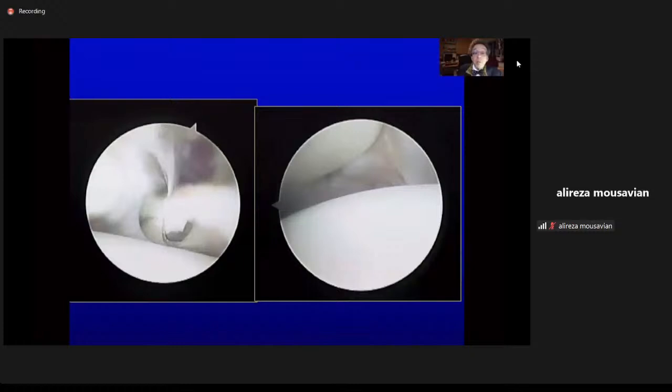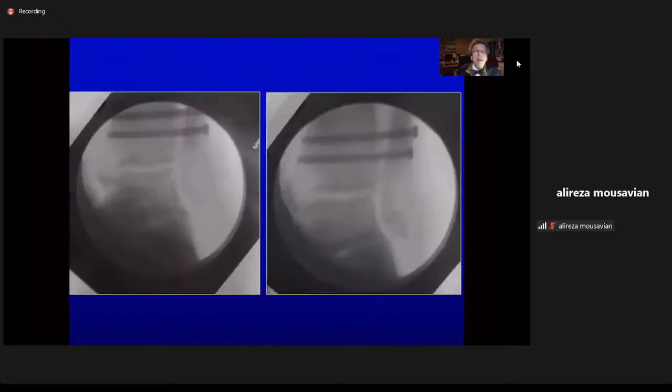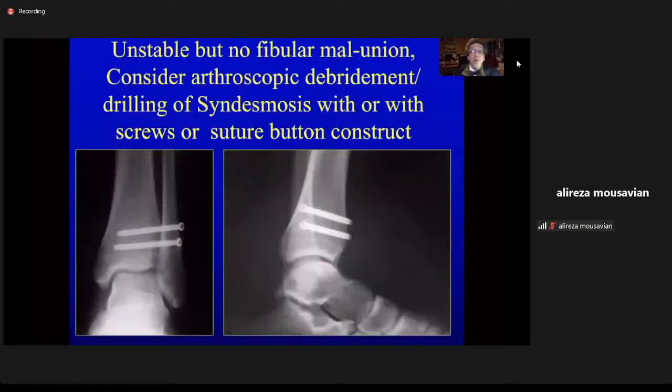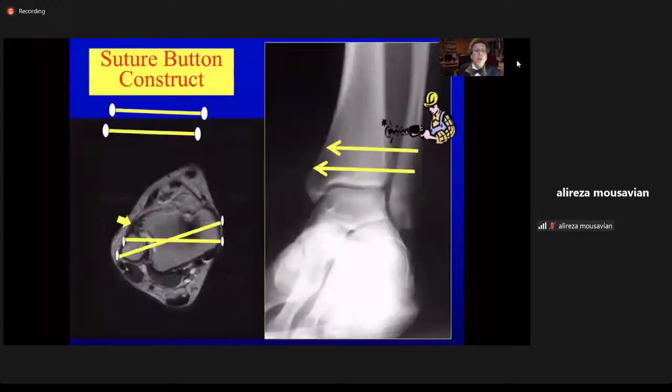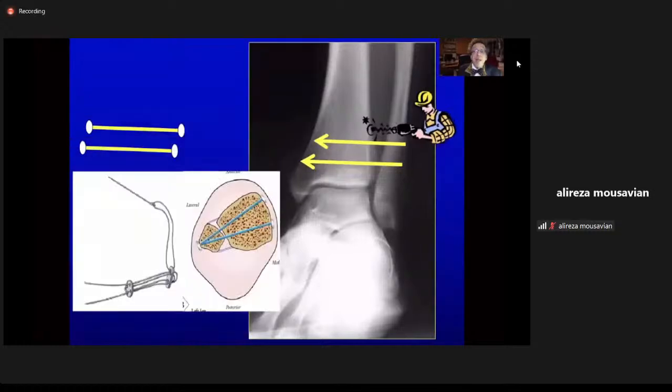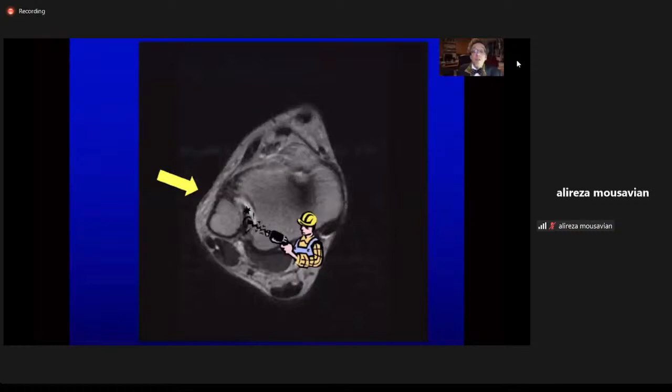So here I am cleaning out my syndesmosis and then fixing it with two screws. If it's unstable and there's no fibular malunion or fibular malposition, then certainly I will do a scope debridement of the syndesmosis and then fix it with either screws or the suture button technique that I had shown earlier.